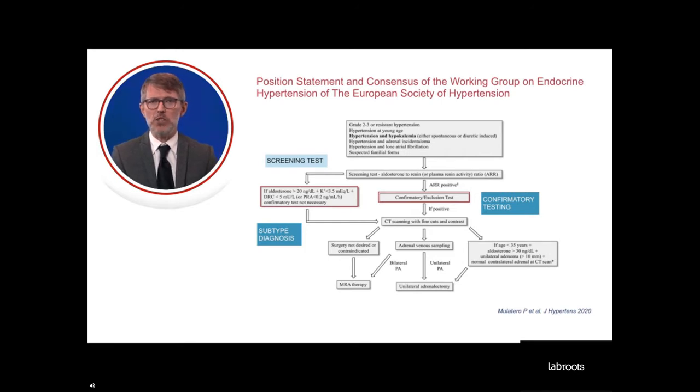So in this patient with a phenotype that is particularly florid, we could skip the confirmatory test. In all the others, we should perform a confirmatory test because we would like to avoid invasive subtyping procedures in patients with false positive ARR.